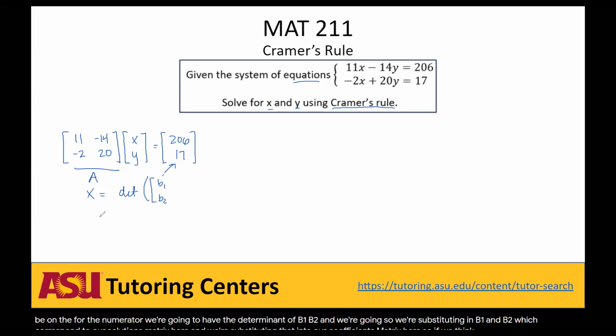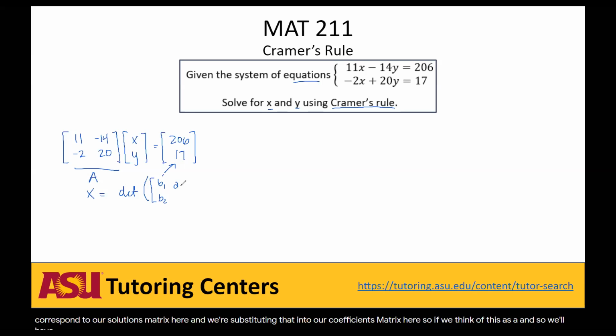If we think of this as A, we'll have A 1,2 and A 2,2 for our remaining values, which corresponds to the second column. Then we divide that by the determinant of A.